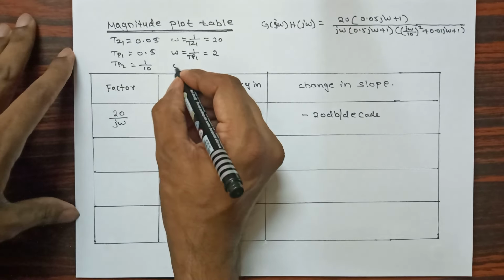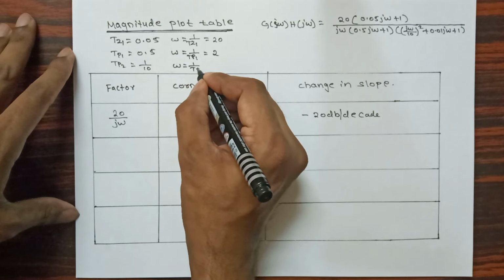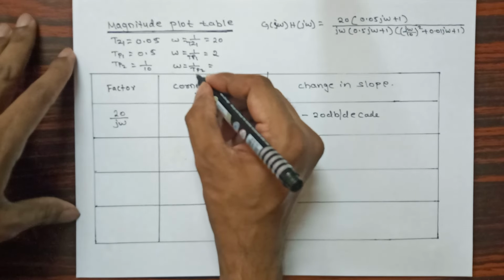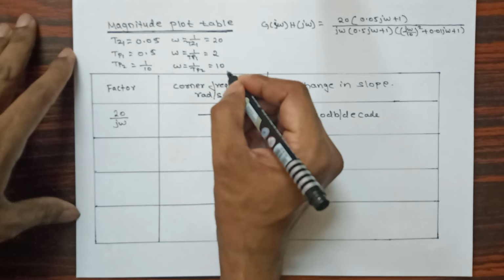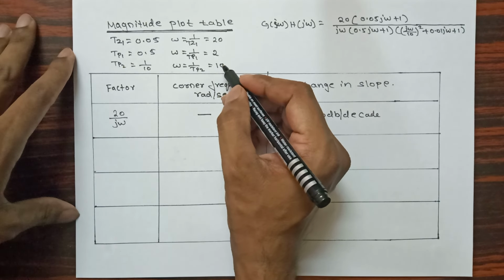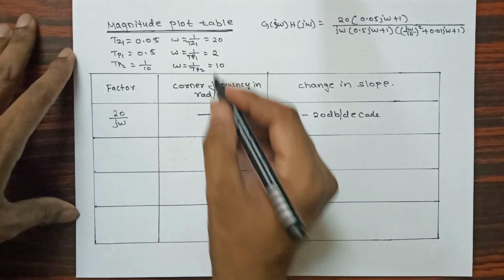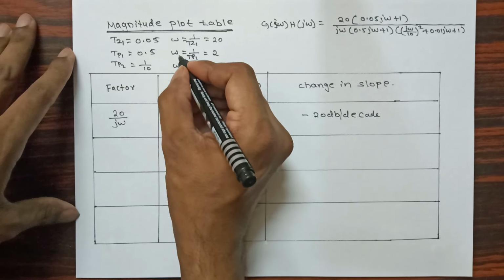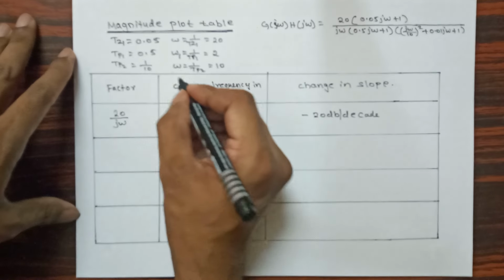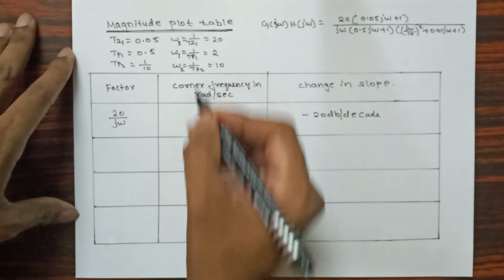And omega equals 1 by tp2, which is 1 divided by 1 by 10, that is 10. So now I have three omega values, and I need to consider them in ascending order. The lowest is first, which I name omega 1, then omega 2, and omega 3.